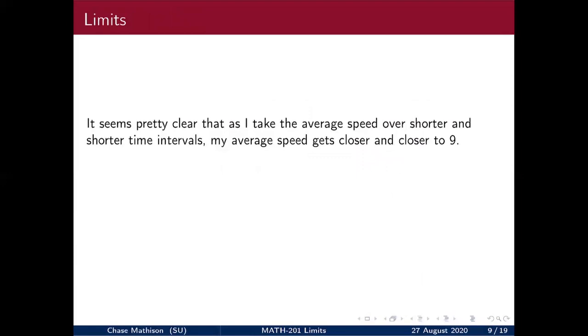I never actually said what my speed was at 10 minutes. I said, look at what happens as we get closer and closer to 10 minutes, right? So as these intervals get closer and closer to just looking at the value of 10 minutes, the average speeds are getting closer and closer to 9 miles per hour, right?